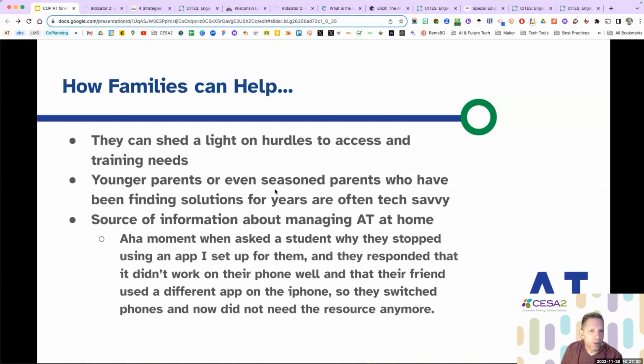I am a huge advocate for districts sharing as much as possible of all the amazing things going on. However, we also need to be honest with ourselves, and I think families can help shed light on some of the hurdles that exist.